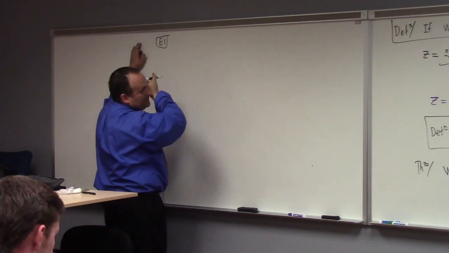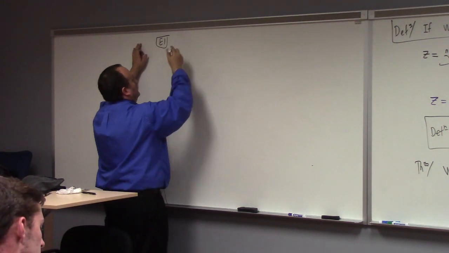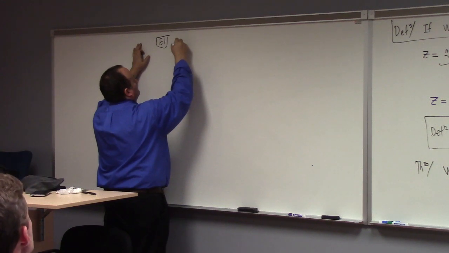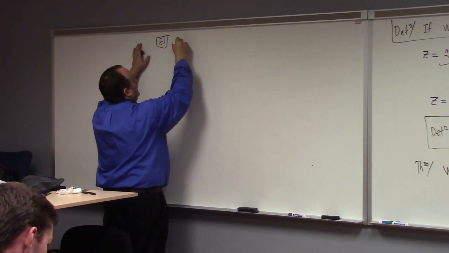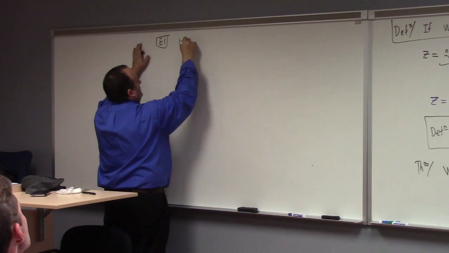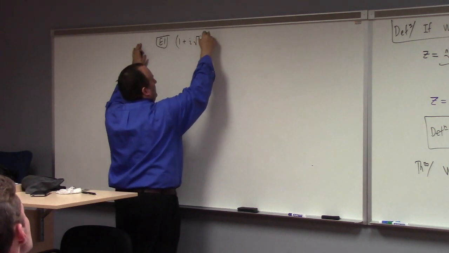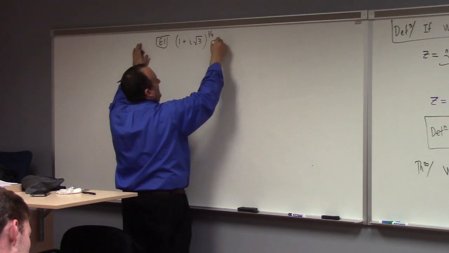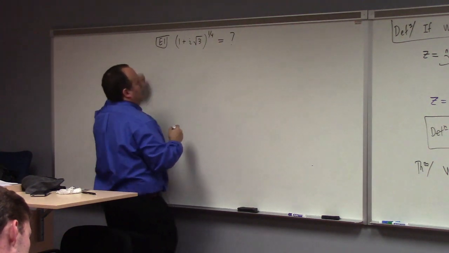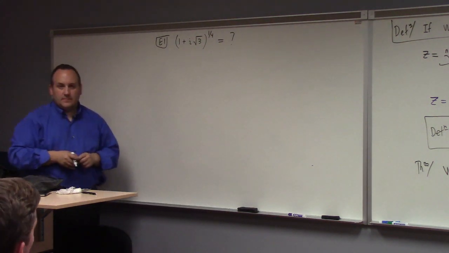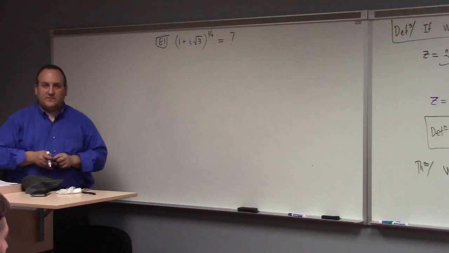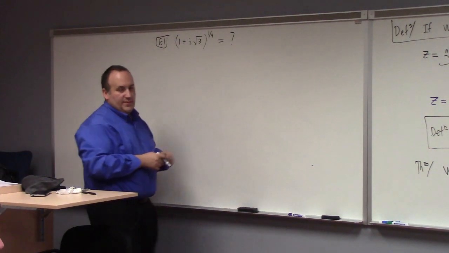So let's say 1 plus i root 3, and let's calculate the fourth roots of this guy. So what's the first order of business? Maybe picture it, right?